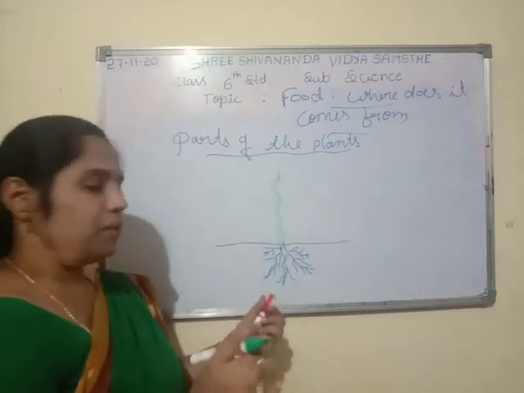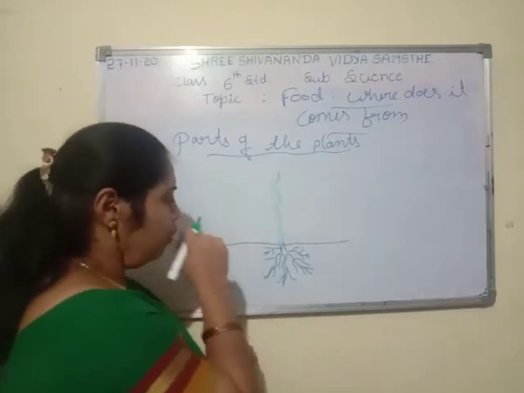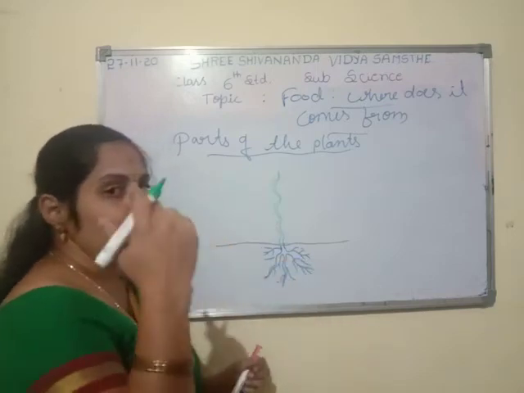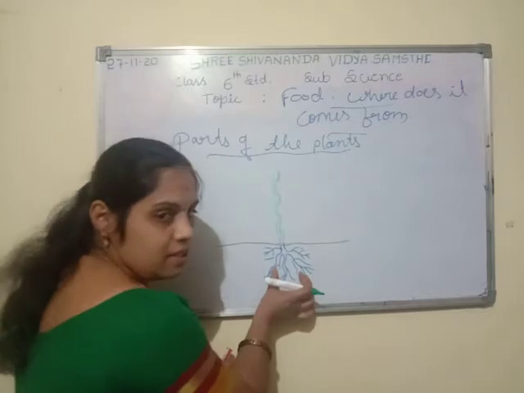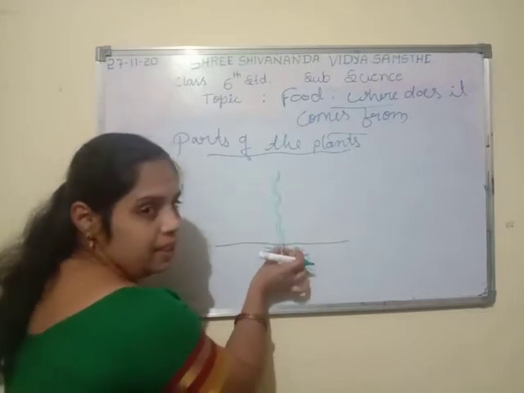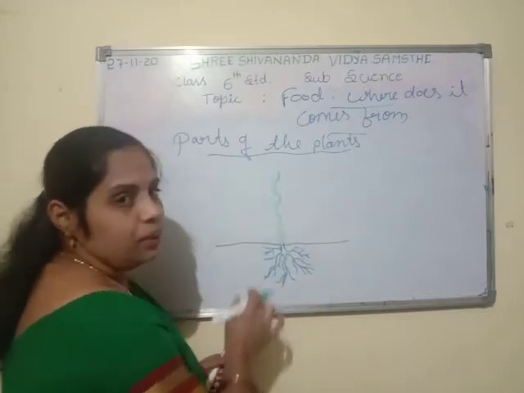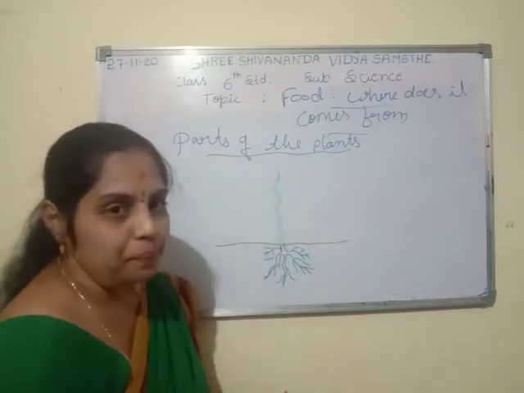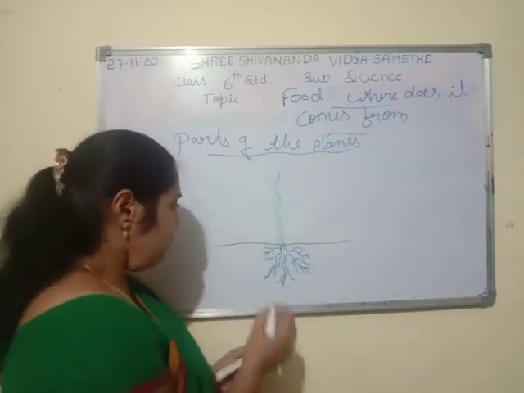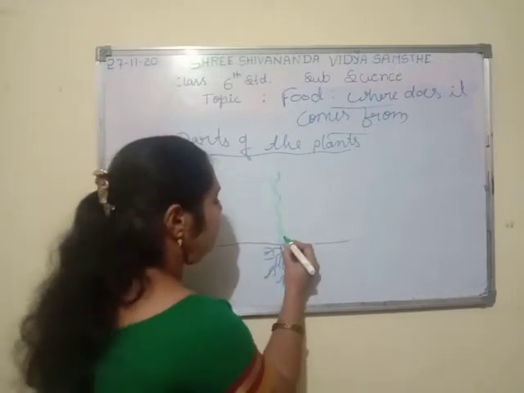While you draw the picture, you have to recall in your mind what the parts are. So this is the root. This root is connected next to the stem. So what is this now? This is the stem. Let us draw the leaves now.